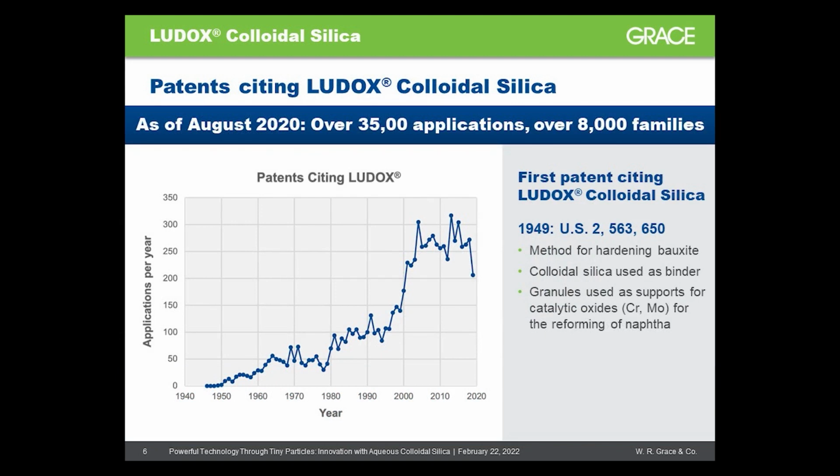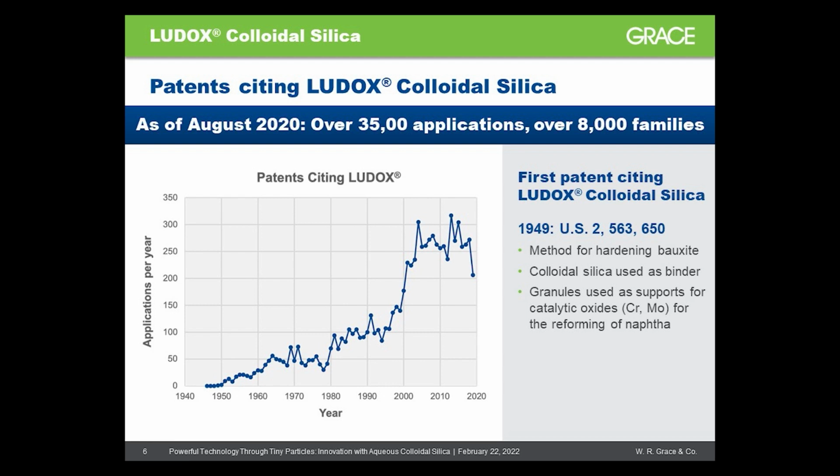There has been very active industrial interest in colloidal silica since the first sols were commercialized. One of the first patents for Ludox colloidal silica was as a binder in a catalyst application. And of course, the binder application is still of high commercial relevance today. The graph shows the number of patent applications per year that cite Ludox colloidal silica.